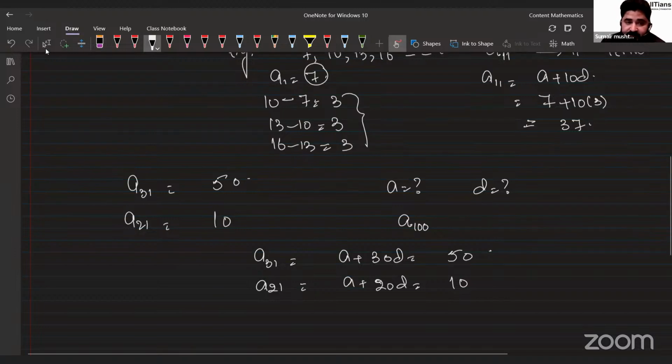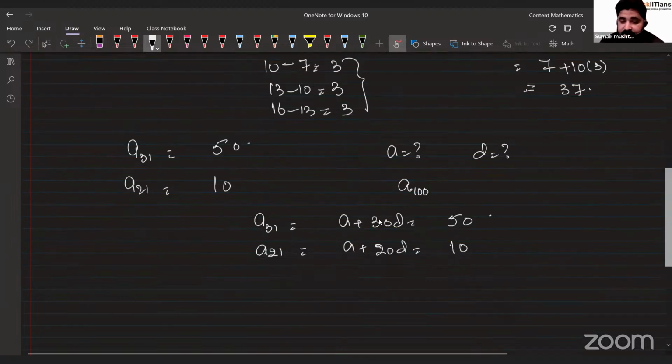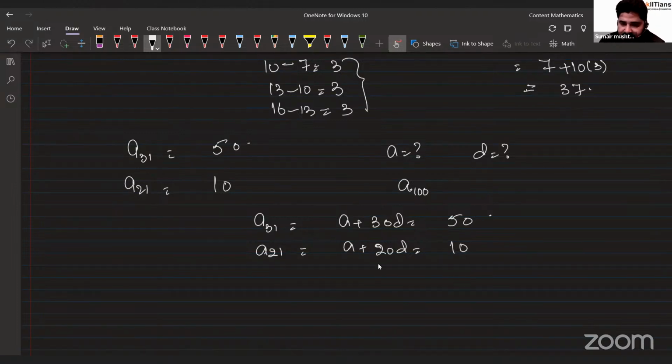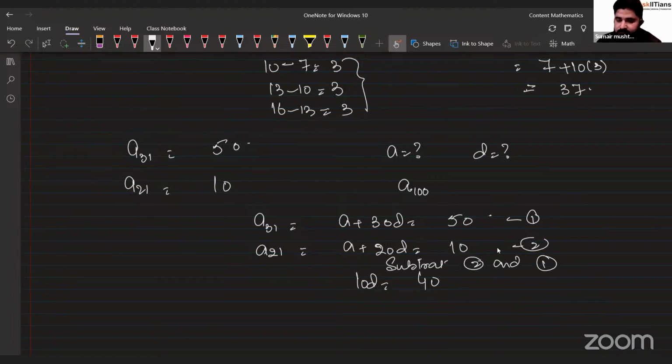If you see, there are two unknowns, a and d, so we can go for the linear equation in two variables. Go for the subtraction: this will give 10d equal to, subtracting second from first. So what's your d?